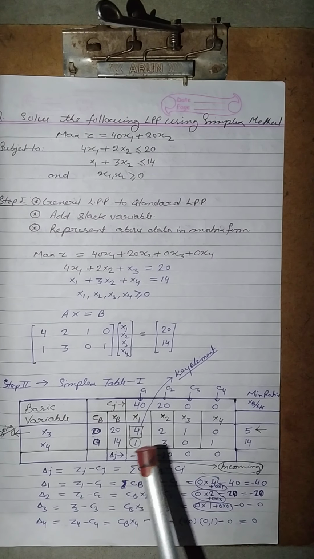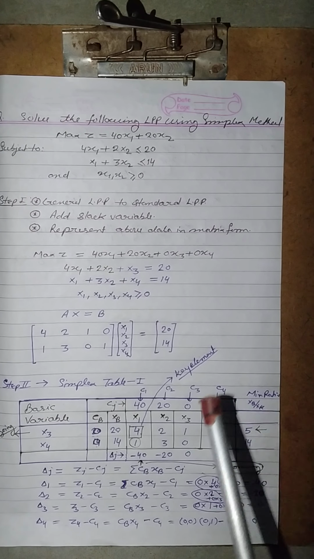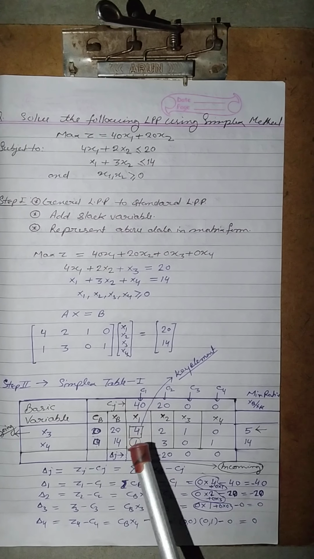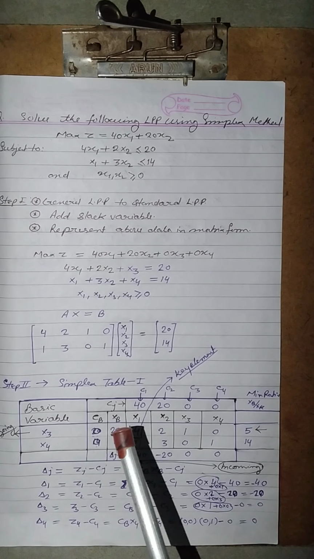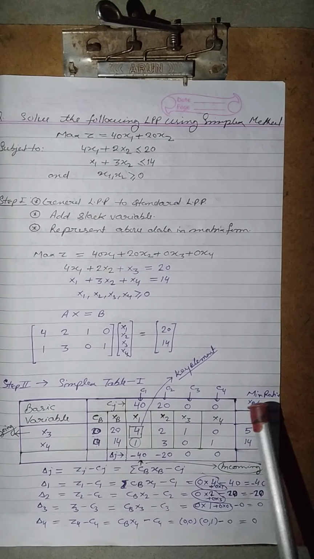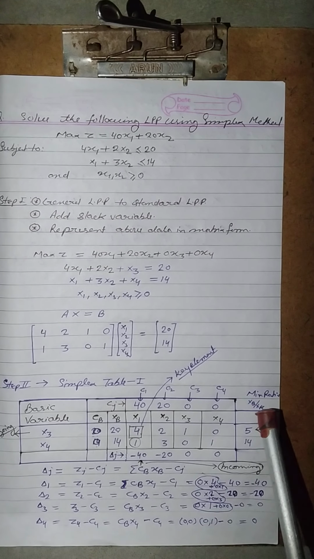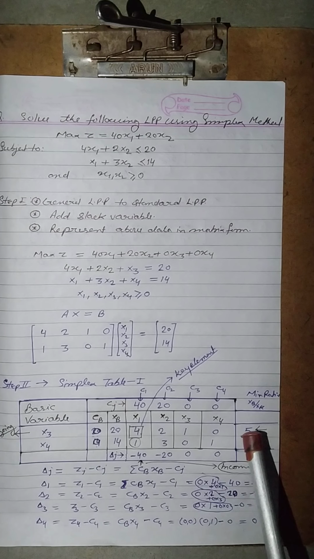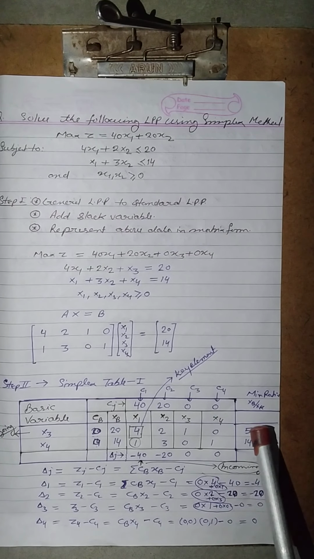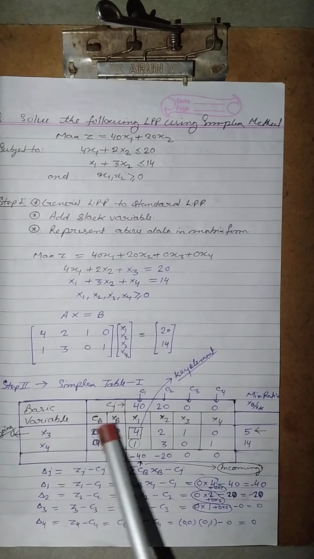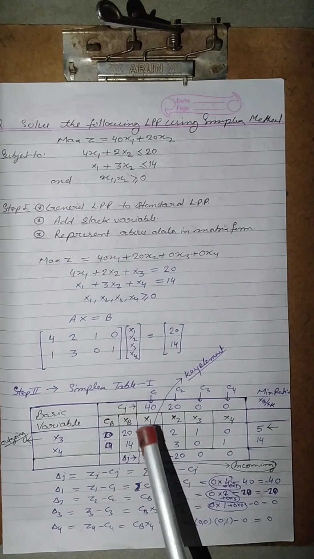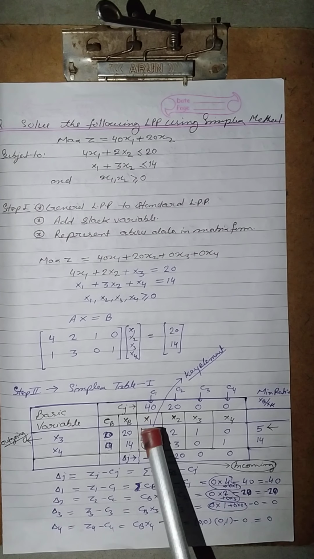The outgoing vector is by the minimum ratio of xb upon x1, which gives 5 and 40. 5 is minimum, so x3 is the outgoing column and x1 is the incoming vector.